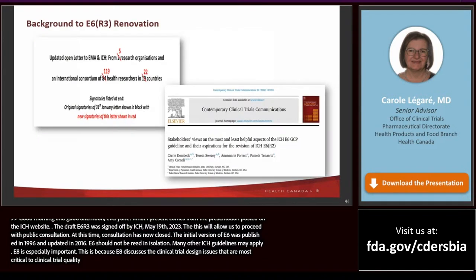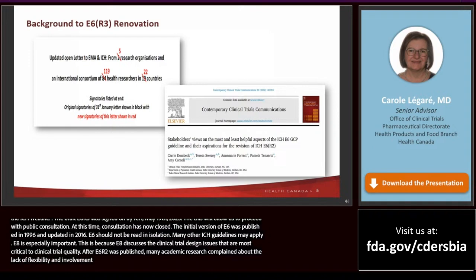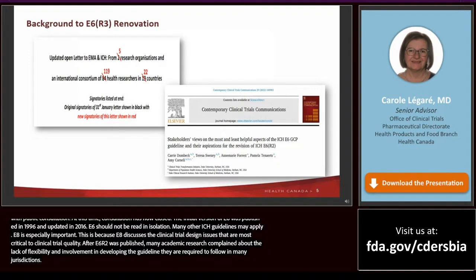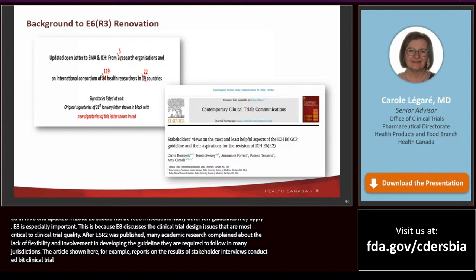After E6R2 was published, many academic researchers wrote to ICH to complain about a lack of flexibility and the lack of their involvement in developing a guideline that they are required to follow in many jurisdictions. The article shown here, for example, reports on the results of stakeholder interviews conducted by the Clinical Trial Transformation Initiative.